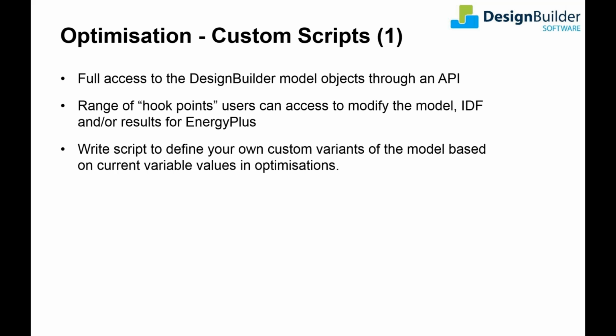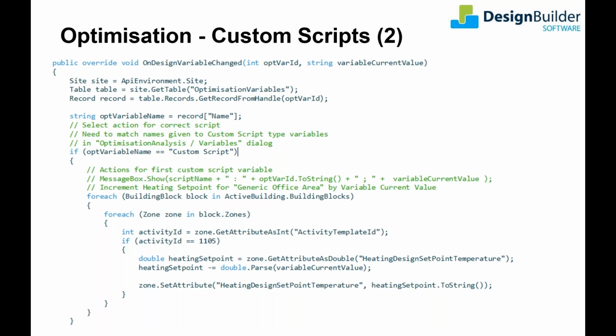You have full access to the model through an API which exposes the same methods available to the DesignBuilder developers. Here's an example custom script that modifies the zone heating temperature in each zone.